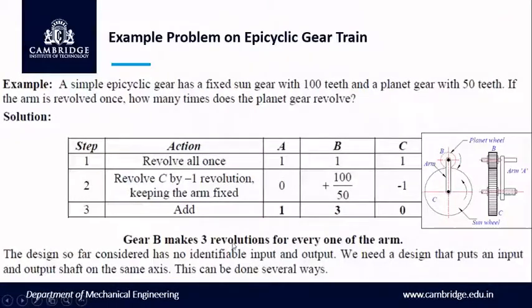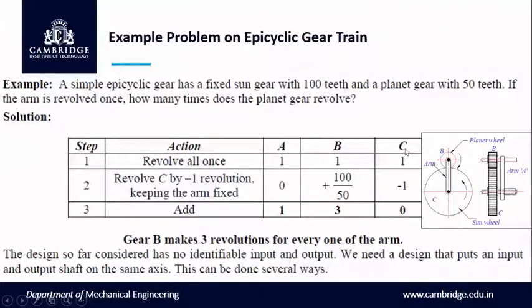Let us take an example problem. We consider a sun gear with 100 teeth and a planet gear with 50 teeth, and the arm is revolved once. How many times does the planet gear revolve? We can use the tabular column method here. We revolve all once. Now if we fix the arm, A becomes 0.